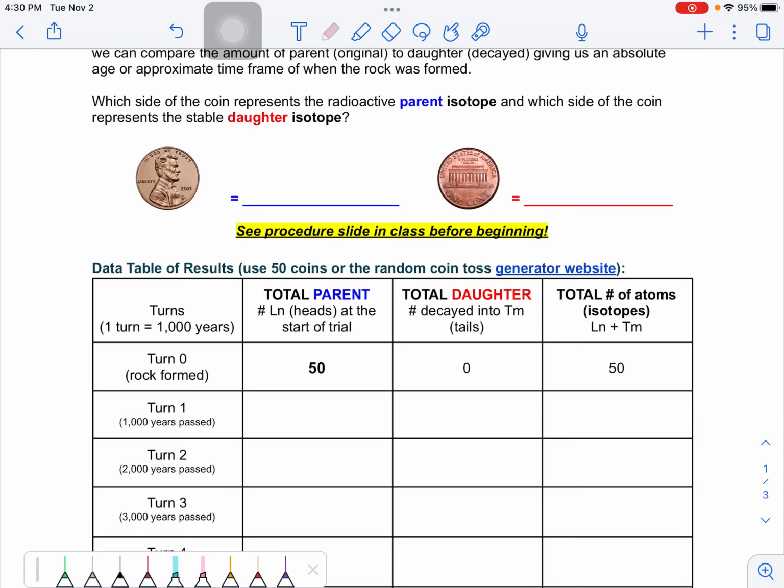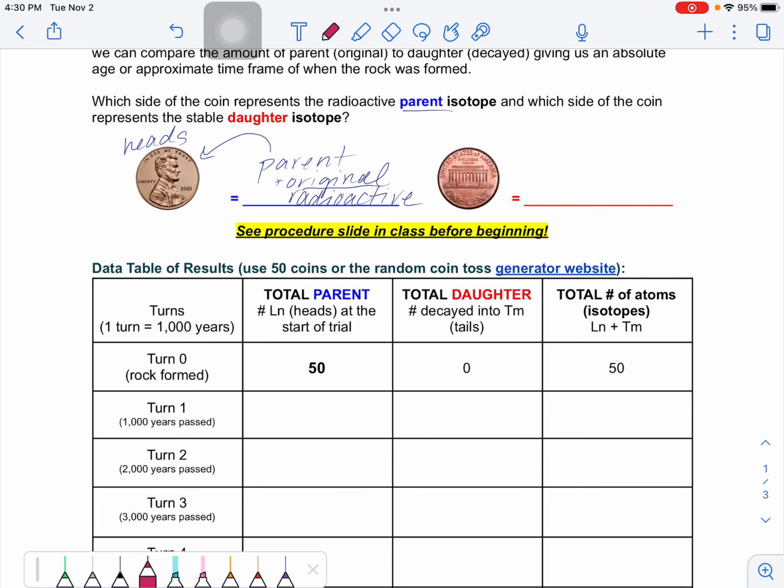Our heads is going to represent parent material. And so the parent material is the original radioactive substance. That's going to be heads. So this is material 1, or the original material.